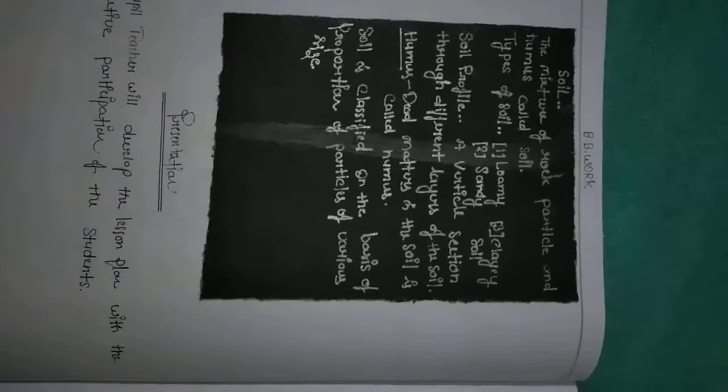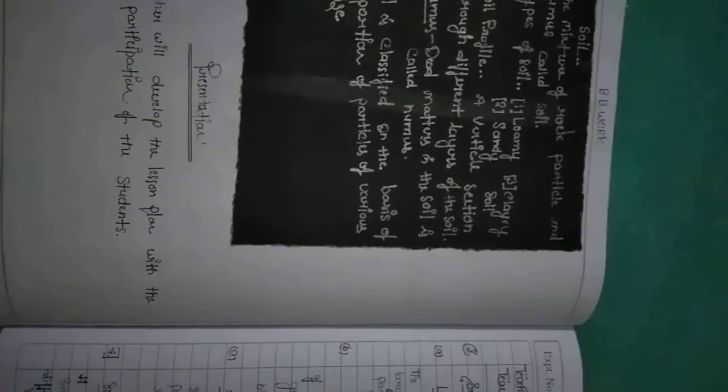This is the blackboard work about soil. Description: the mixture of rock particles and humus. Types of soil are loamy, clay and sandy soil. Soil profile: a vertical section through different layers of the soil. Humus means the dead matter in the soil is called humus.